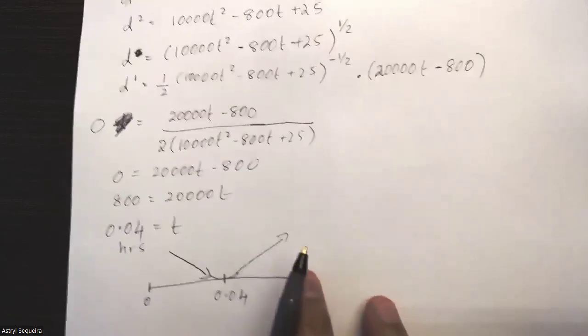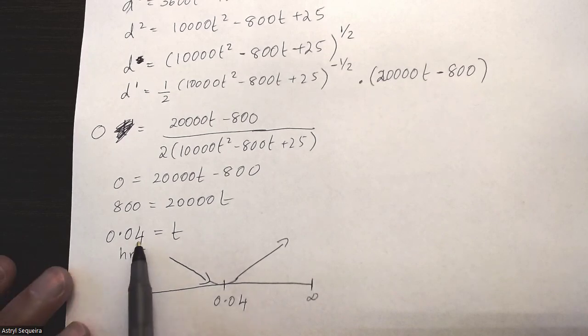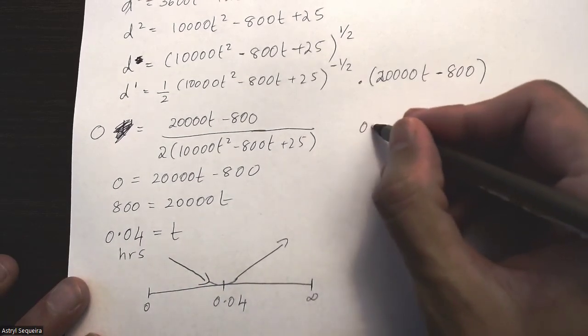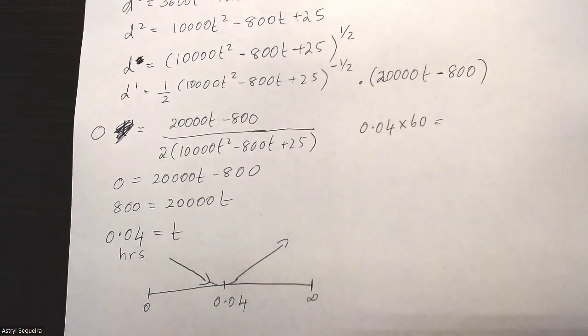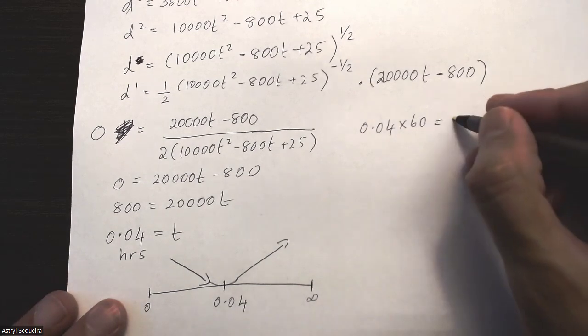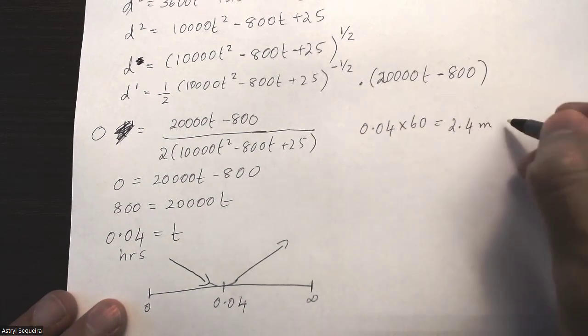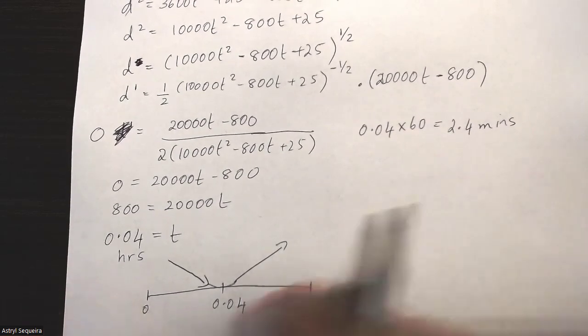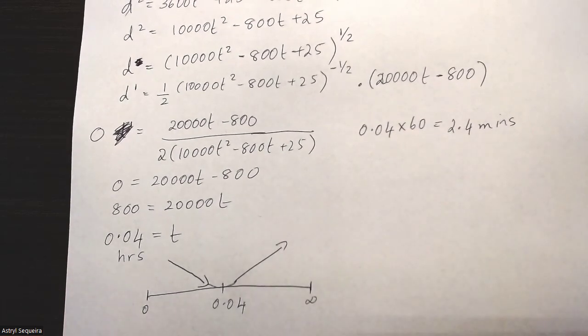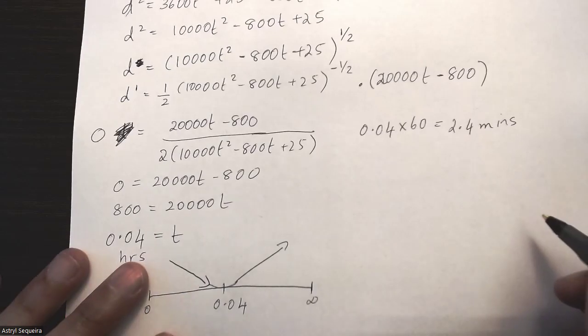So now all I want to do is convert this to an actual time. So if I multiply it by 60, I'll convert hours to minutes, which is 2.4 minutes. And then I'll multiply the 0.4 by 60 to convert the minutes to seconds as well.